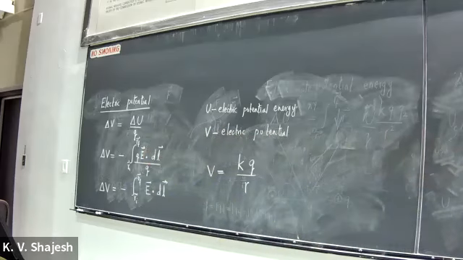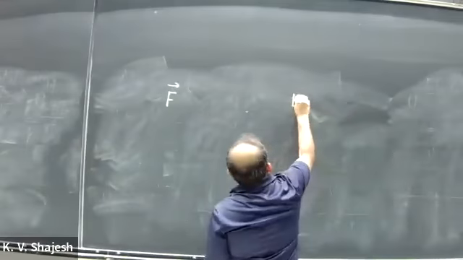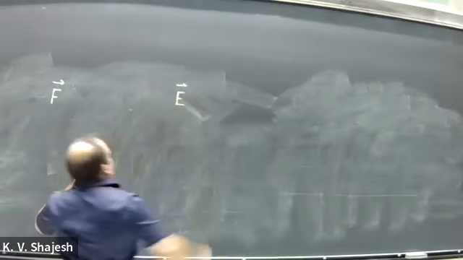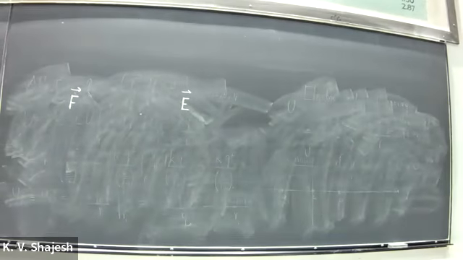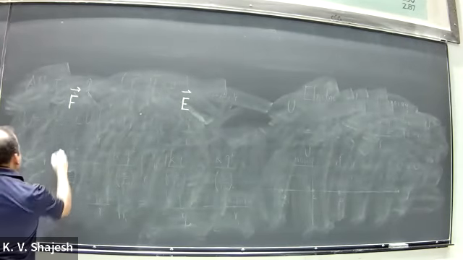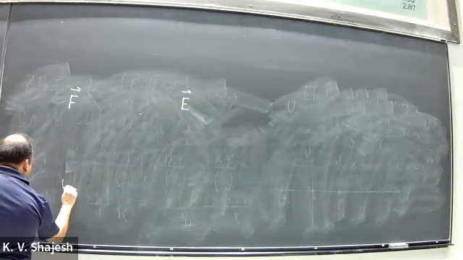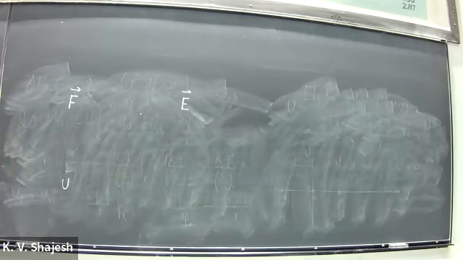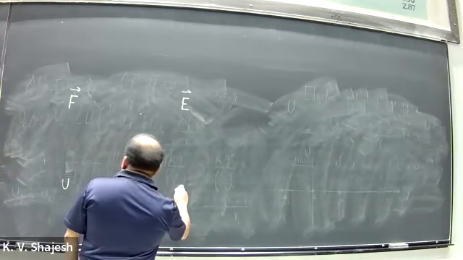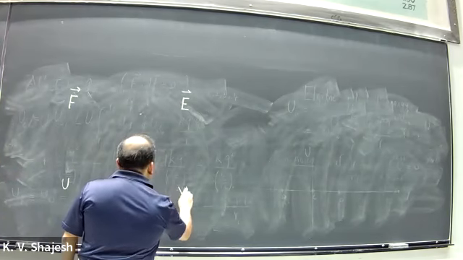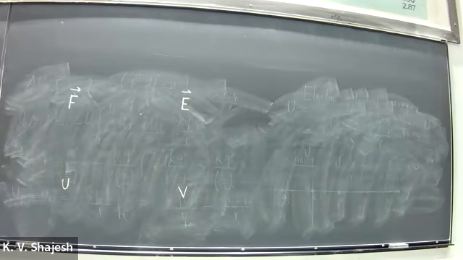Then we introduced the idea of electric field. They were closely related to each other. And now we have introduced the idea of energy, the electric potential energy. And we then said there is an electric potential which is associated with this. And they are all interrelated.